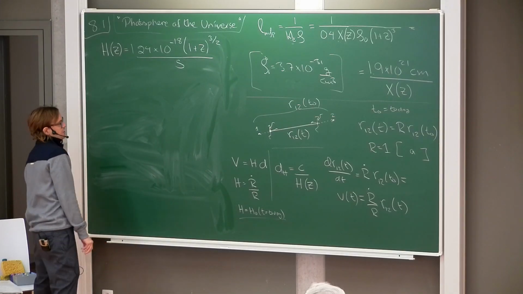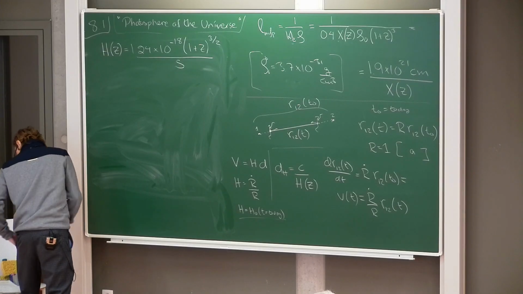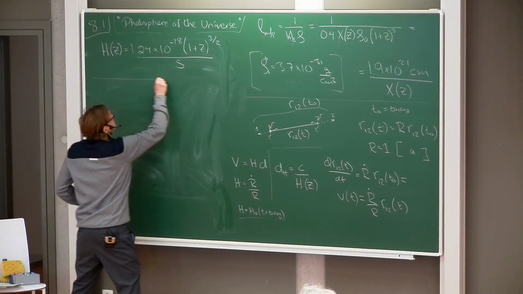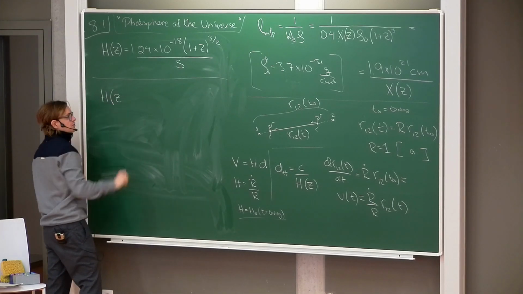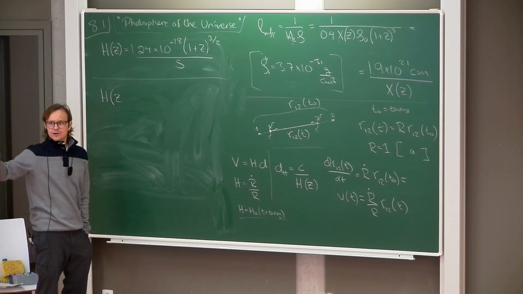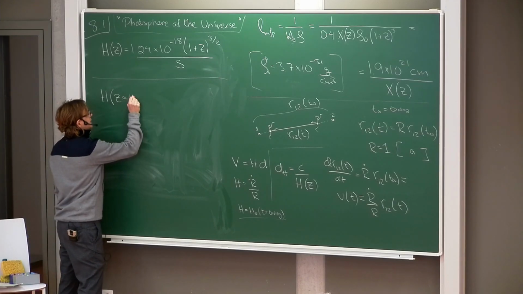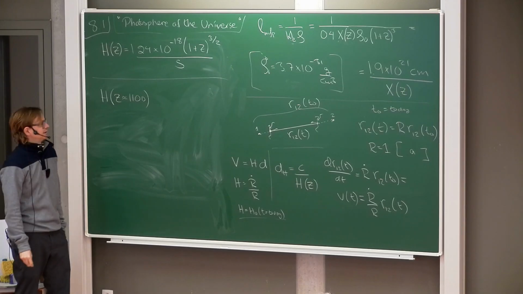All right, so then of course we can just plug this in. I'm going to take that at the time around the recombination, which we know happened at around 1000, but for some reason I did my estimate with 1100.